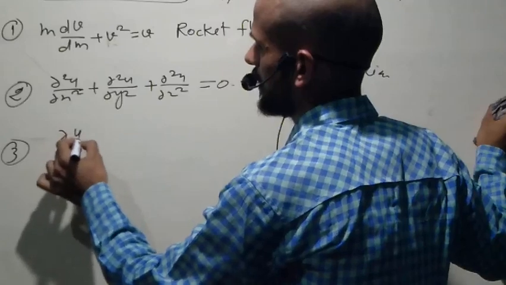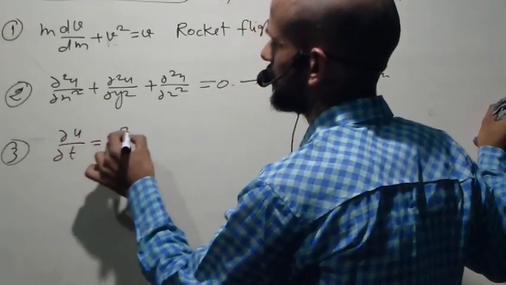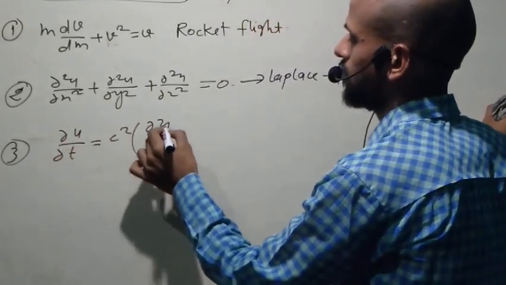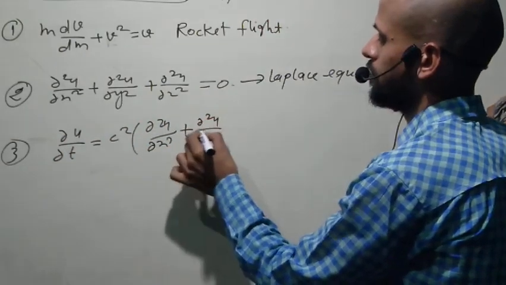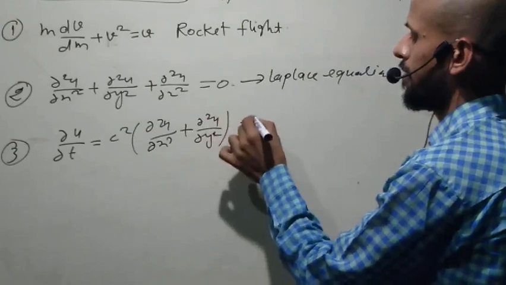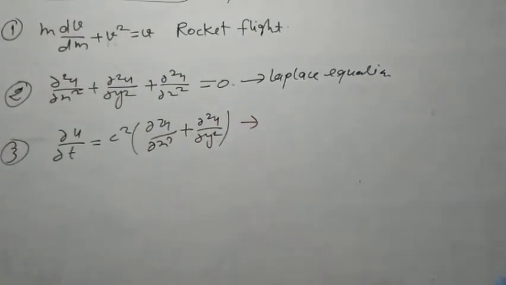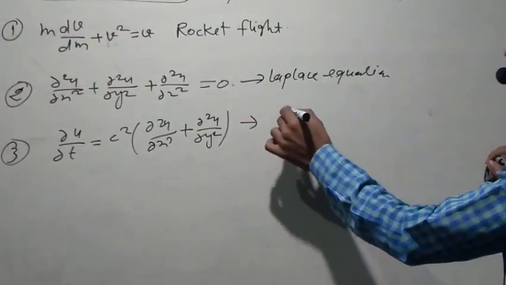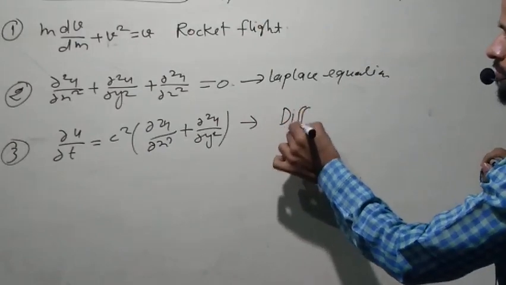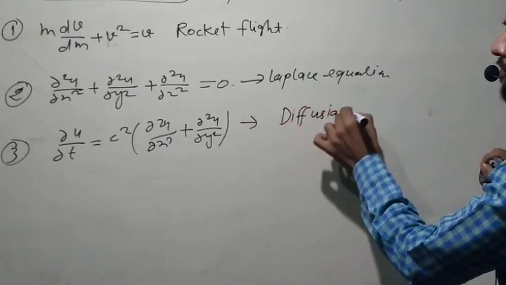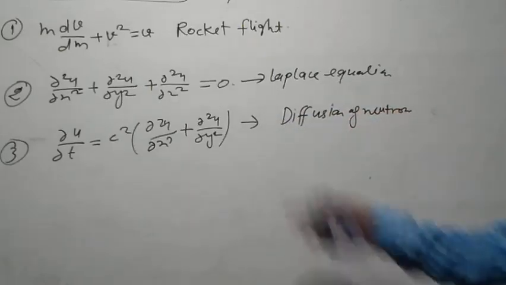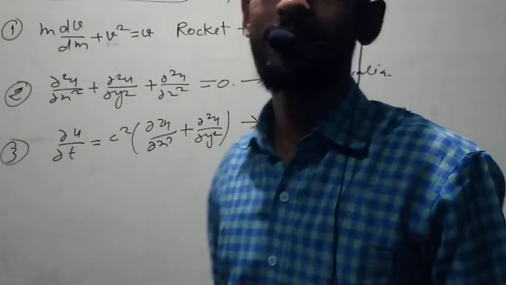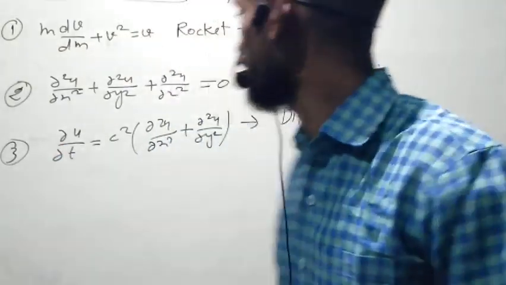Another is del u by del t is equal to c square times del 2u by del x square plus del 2u by del y square. This equation appears in diffusion of neutrons. And so many equations appear in chemistry also and physics also.